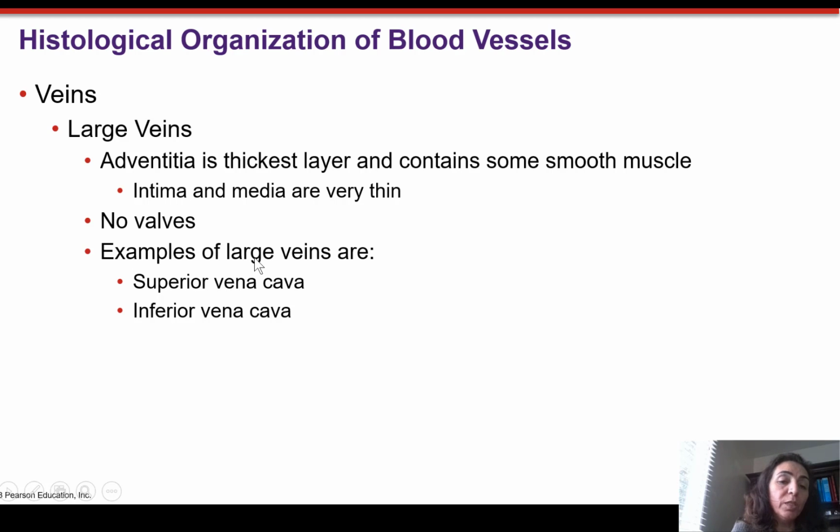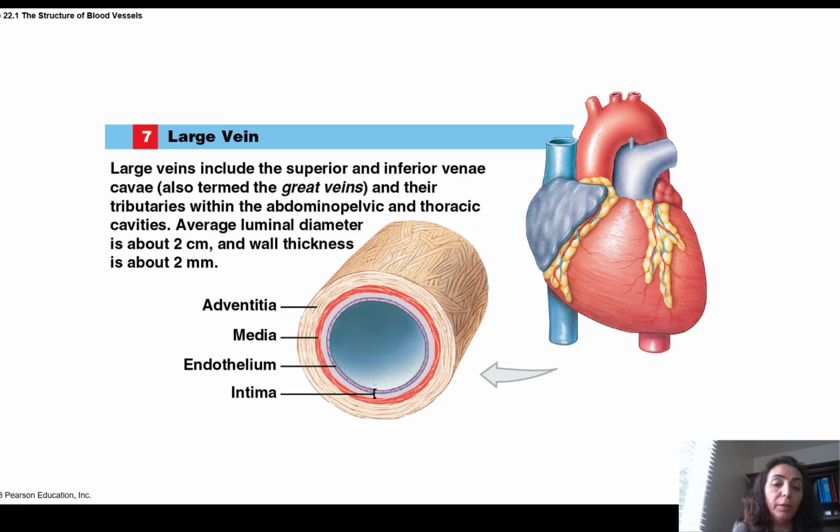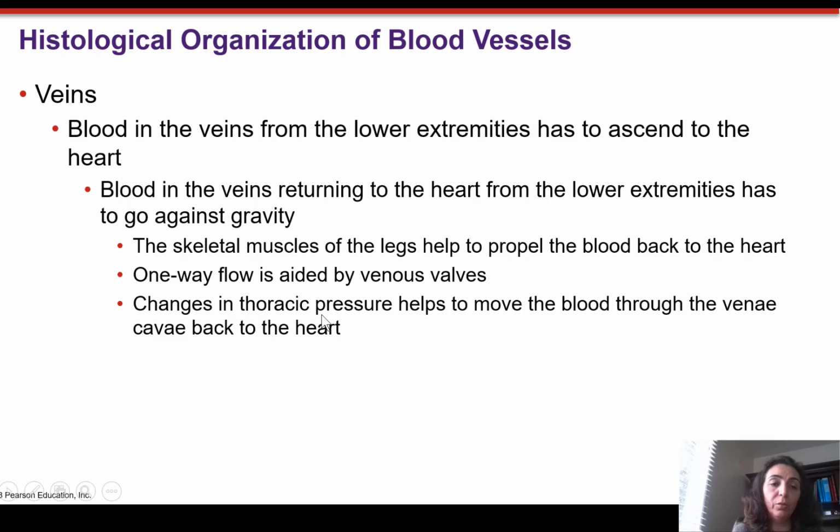And examples of large veins, as they are getting blood back toward the heart, are the ones that are close to the heart, right? Like superior vena cava and inferior vena cava, right? And here you see the three layers, intima, media, and adventitia. And as you see, adventitia is very thick and even has some smooth muscles, but the intima and media are much thinner compared to that one.